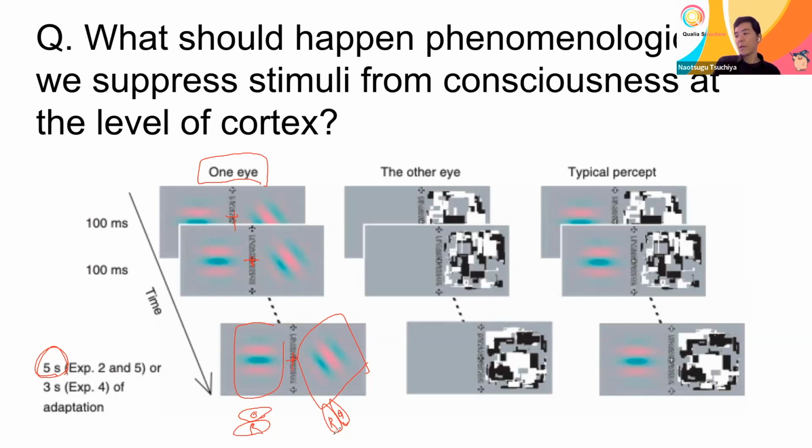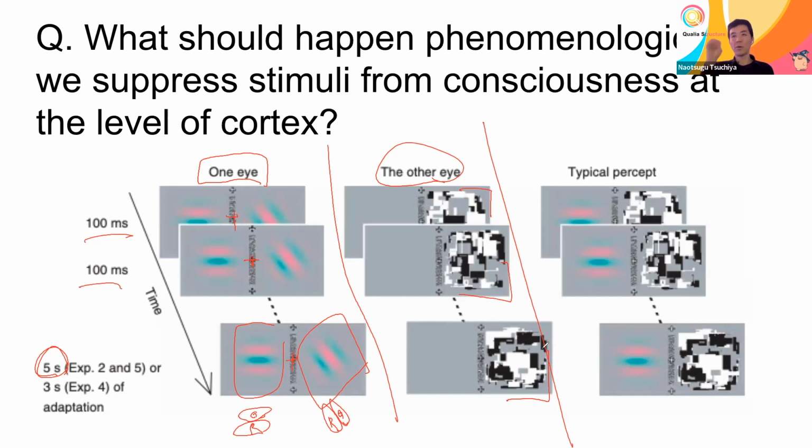And then you show the other eye this black and white pattern that changes every 100 milliseconds. Each pattern is actually different at 100 milliseconds. So that's the reason why it's called continuous flash suppression. You show a different pattern each time.